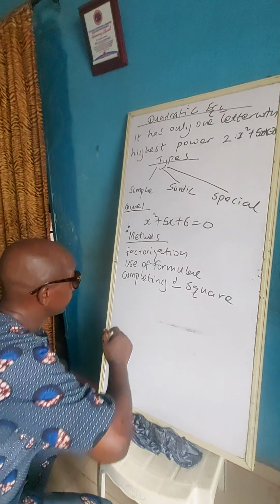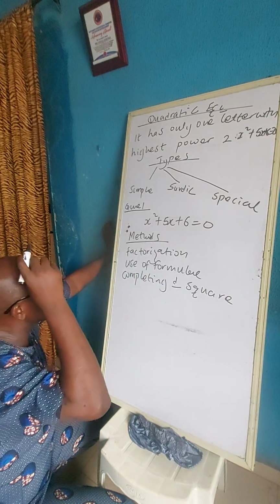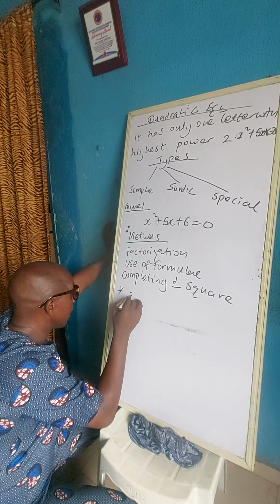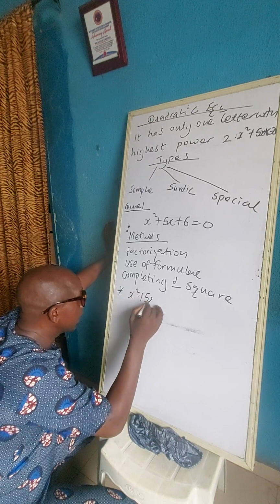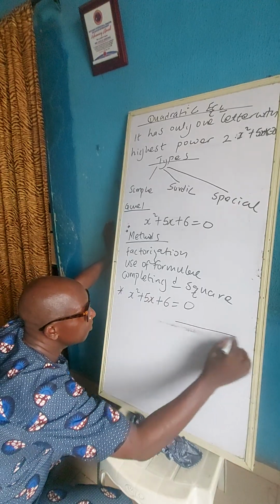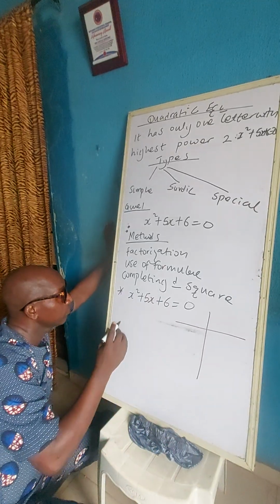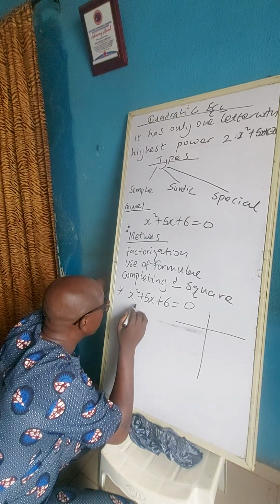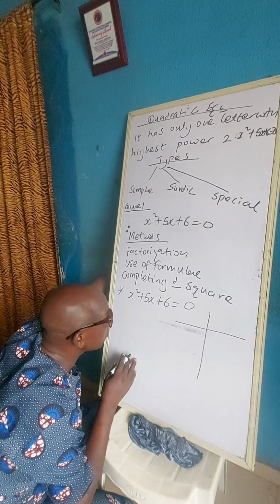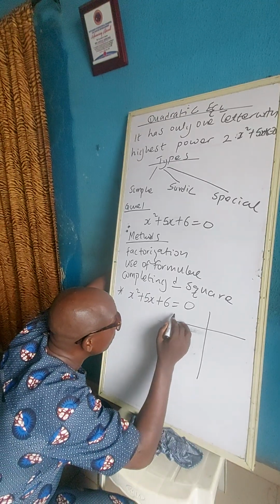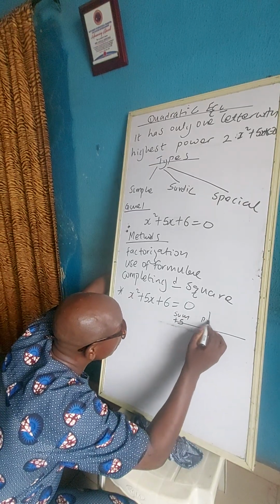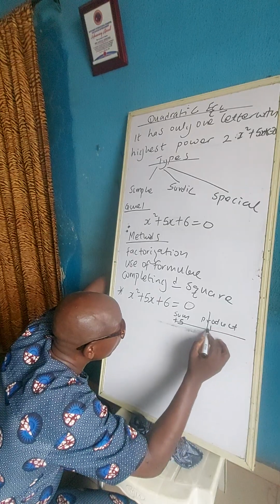First one, using factorization method. The question says x squared plus 5x plus 6 equal to 0. You use table trial method. You are looking for sum plus 5 and product plus 6.